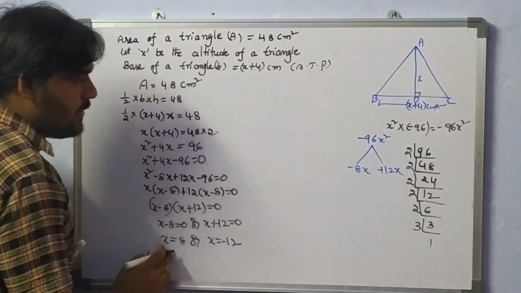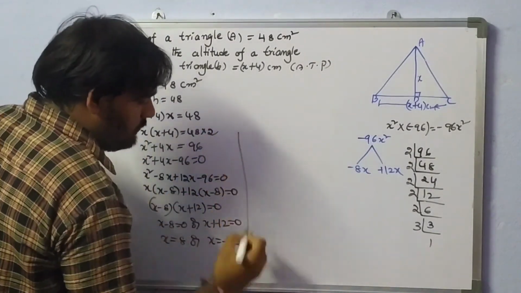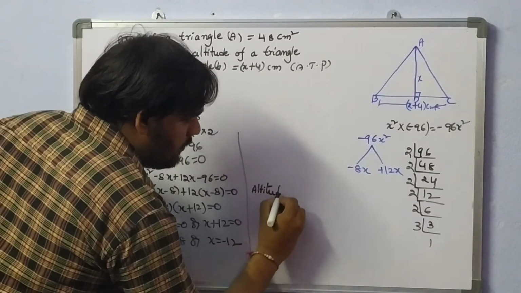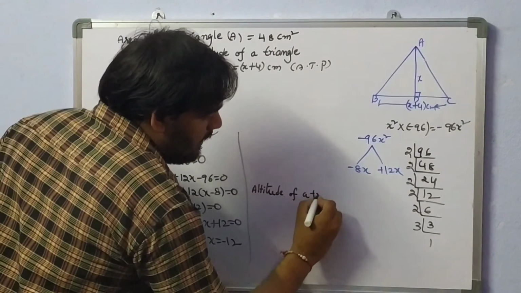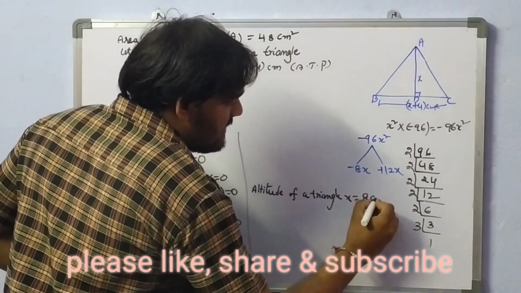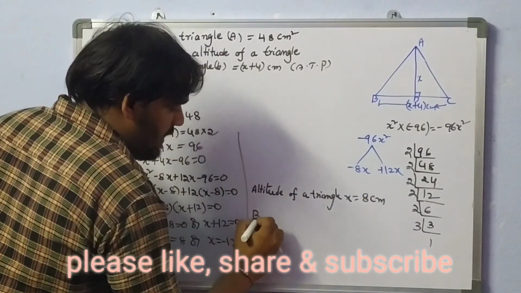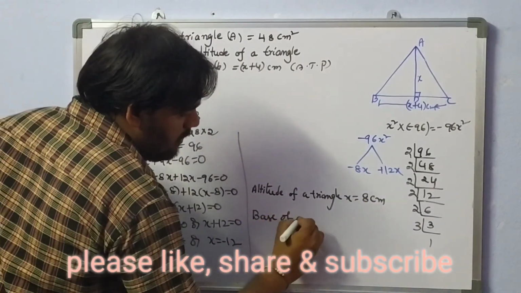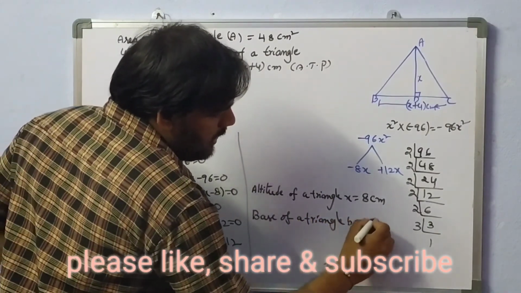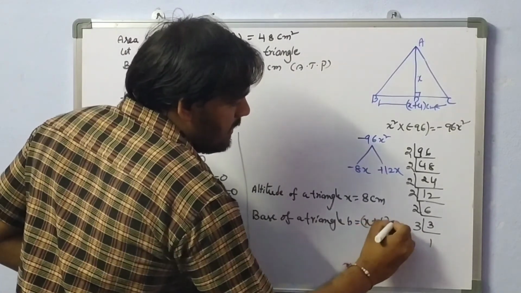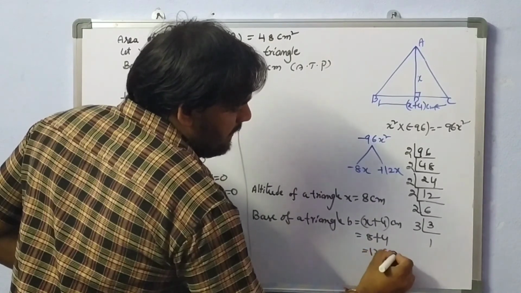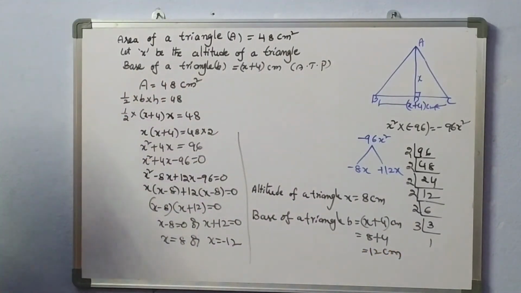After considering x is equal to 8, the altitude of a triangle is 8 centimeters, then the base of a triangle b is equal to x plus 4 centimeters, therefore you will get 8 plus 4 is equal to 12 centimeters. Okay, once check this one.